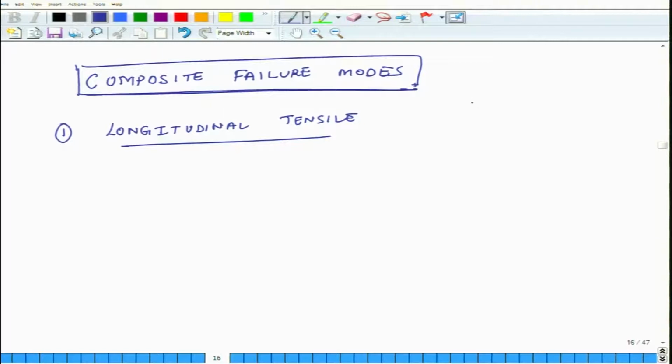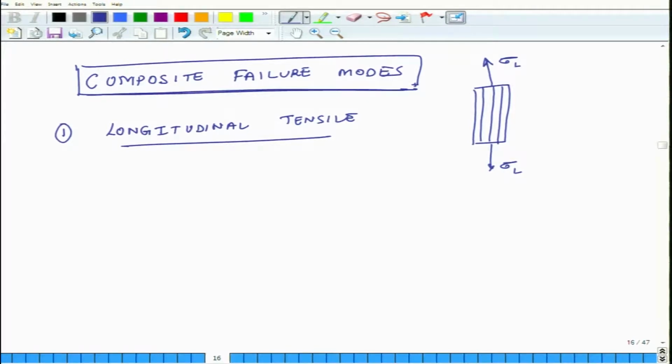So, what is happening in this case is you have a composite, fibers are aligned in the length direction and you are pulling the composite in tension. So, this is sigma L, sigma L. Okay.